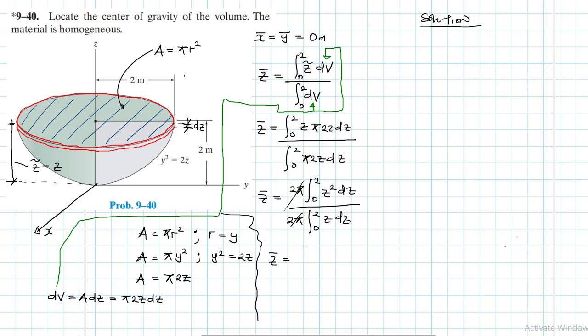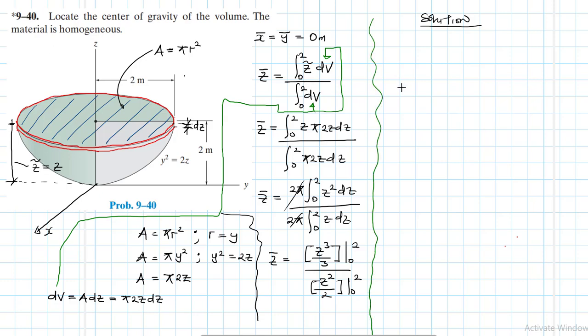If we do the integration, we're going to have z cubed divided by 3 over z squared over 2, and we evaluate both from 0 to 2.